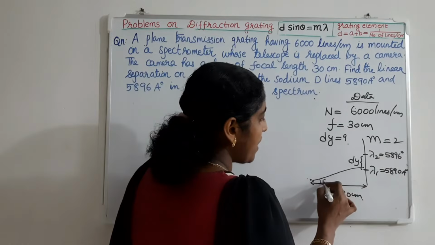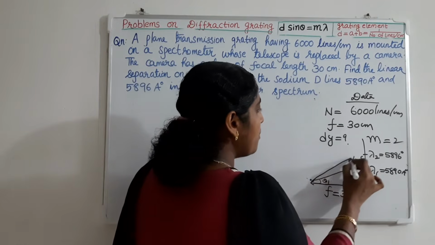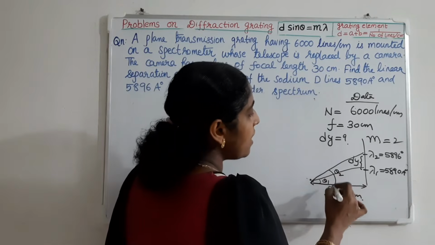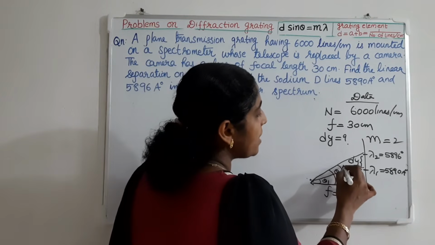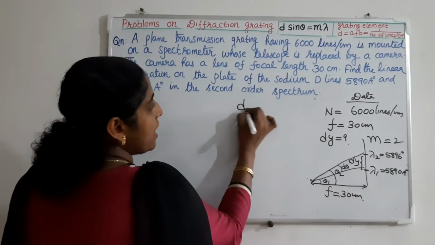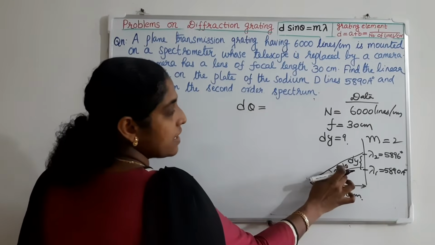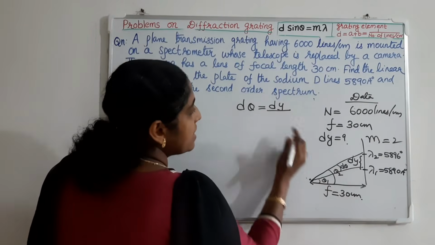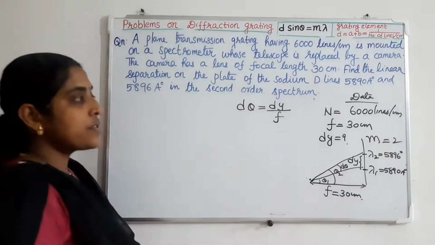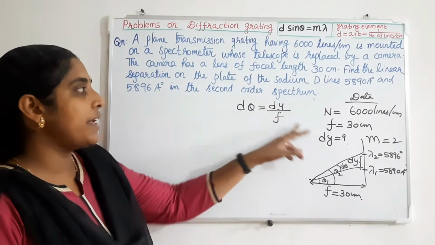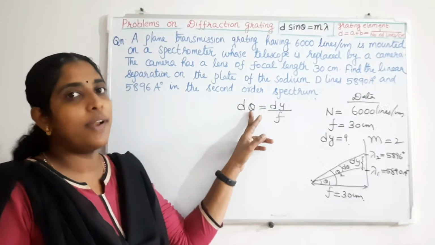Let this angle of diffraction be theta 1, and the angle corresponding to lambda 2 be theta 2. Then theta 2 minus theta 1 will be the angular separation d theta. The angle d theta is equal to arc by radius, that is, arc is dy divided by radius, which is the focal length f. So to find the linear separation dy, first we have to find the angular separation.